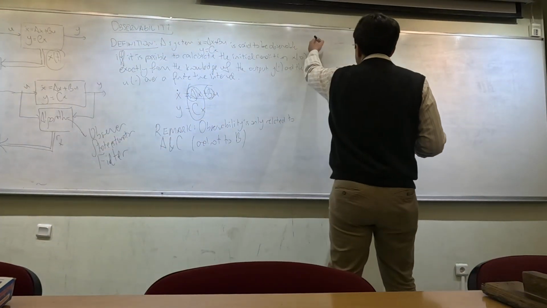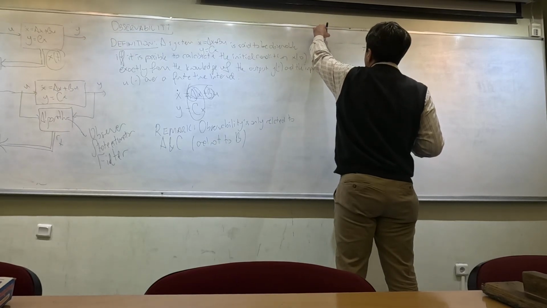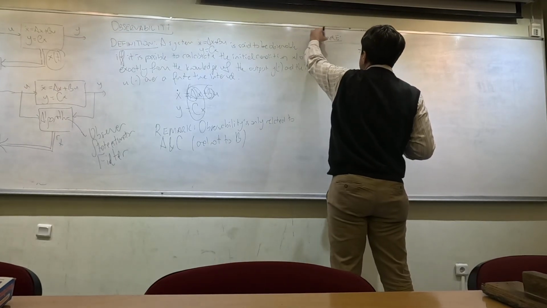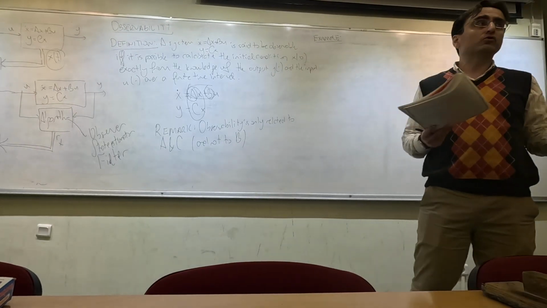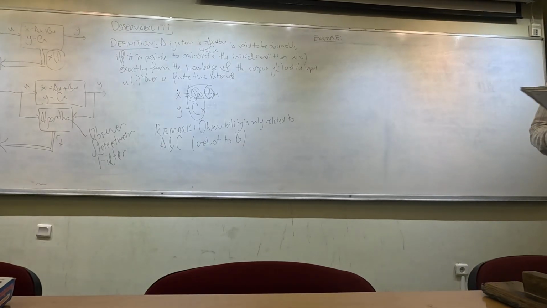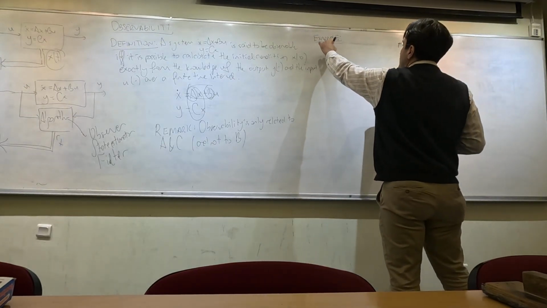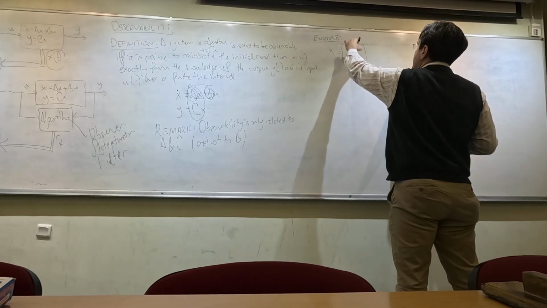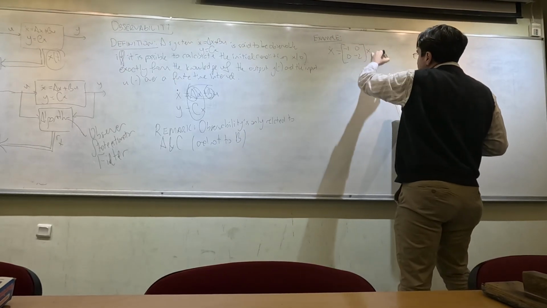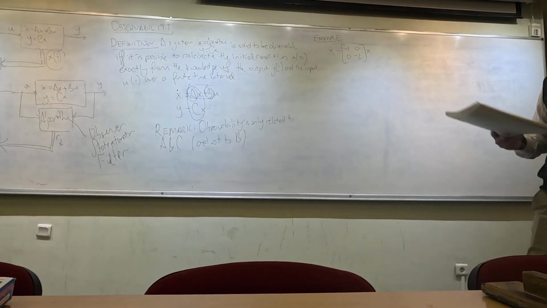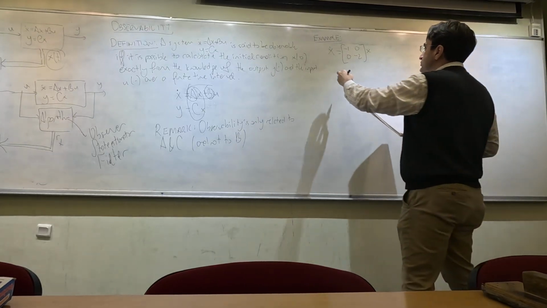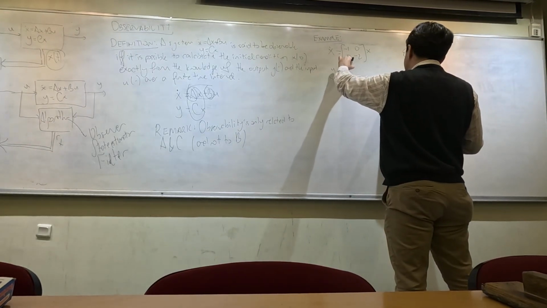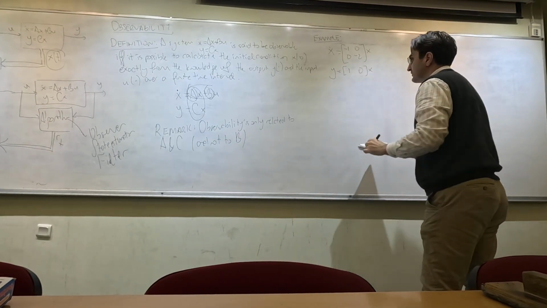Let us look at the following example. I will give you some systems which are not observable, and sometimes they will be observable, and we will try to understand the reasoning behind seeing those. So let us say that we have this equation: x dot is equal to this, and y is equal to, let me say, 1, 0, x.